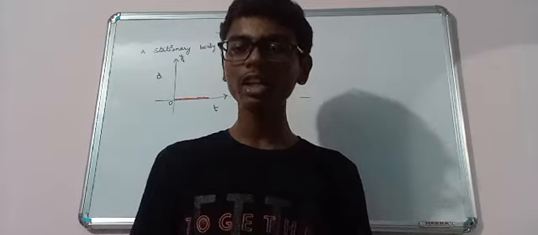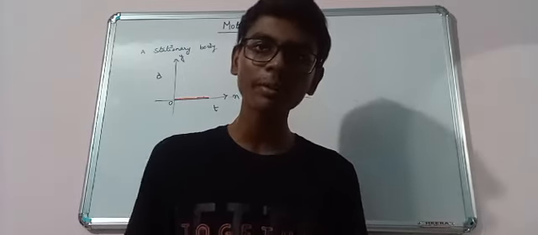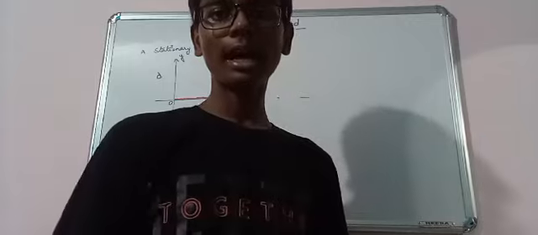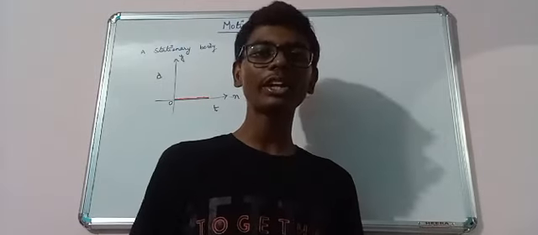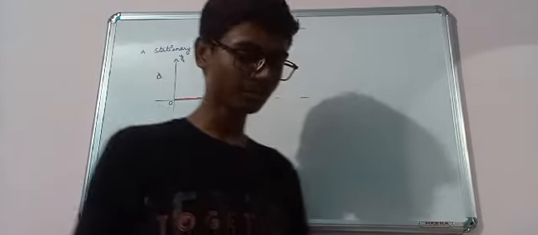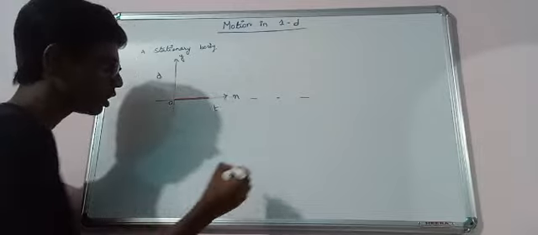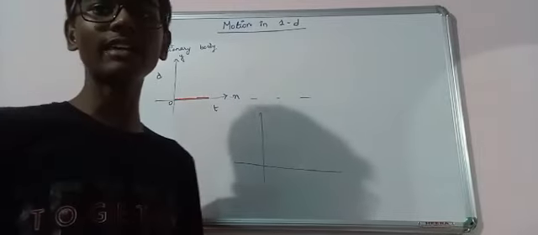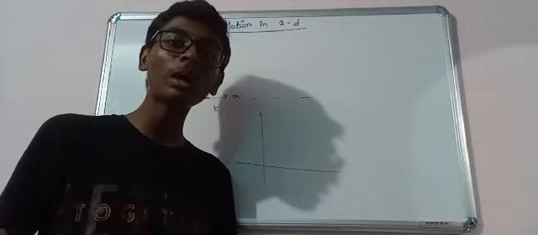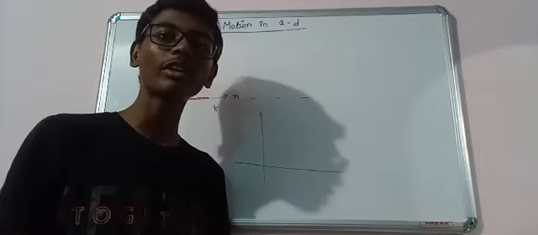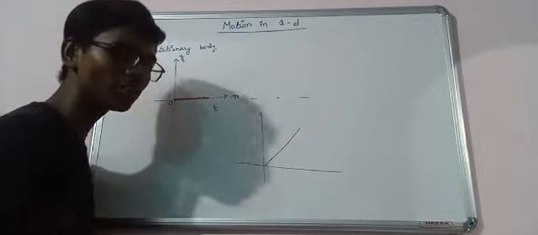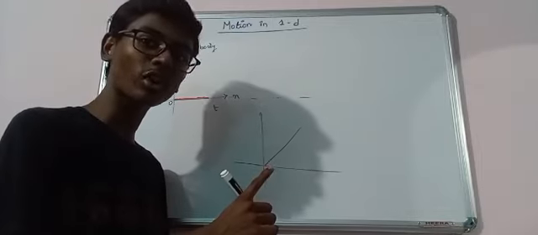Now the body is moving with a constant velocity. Constant velocity means equal distance in equal interval of time. If it is equal distance in equal interval of time, the displacement will be like this, the first thing that I have drawn.